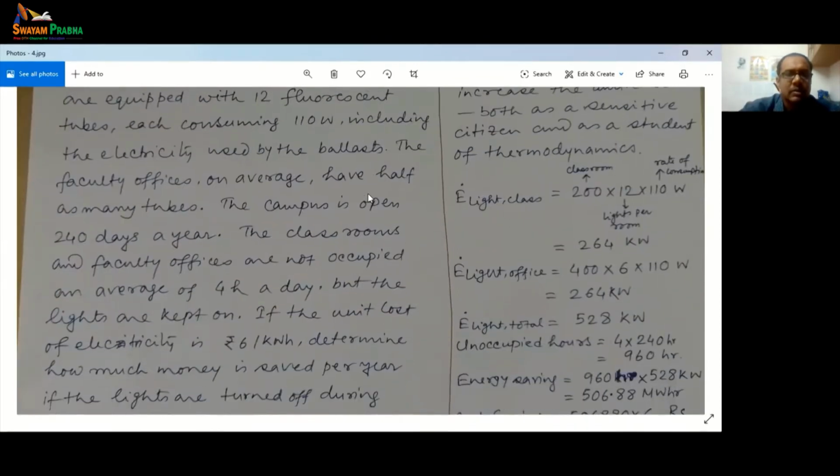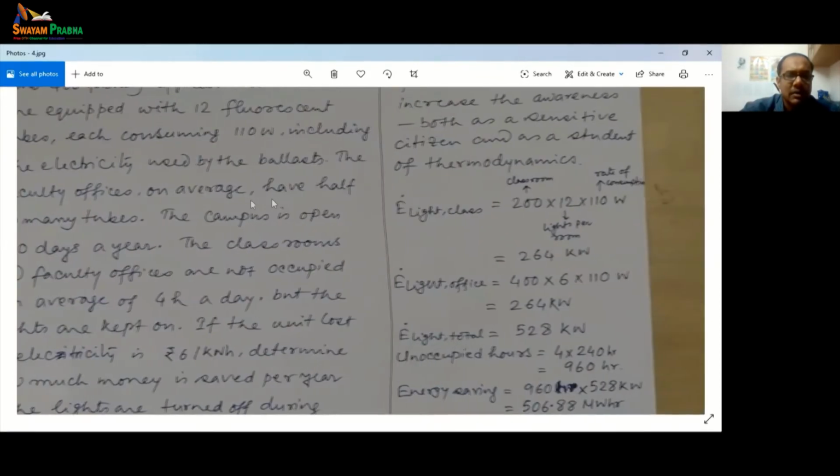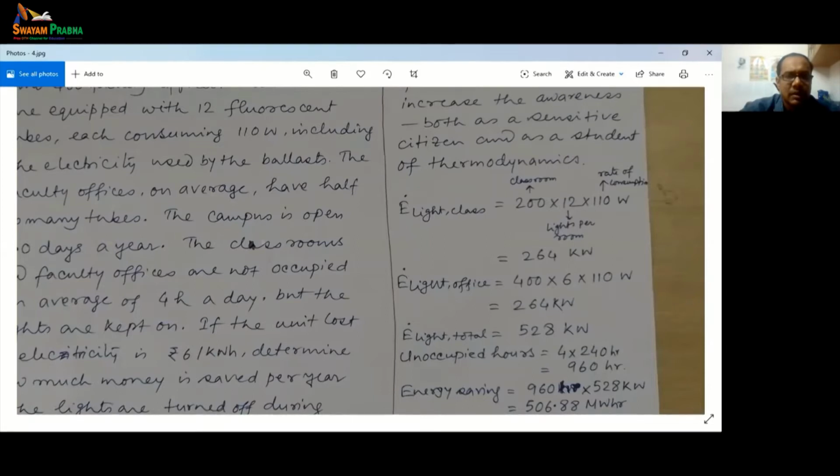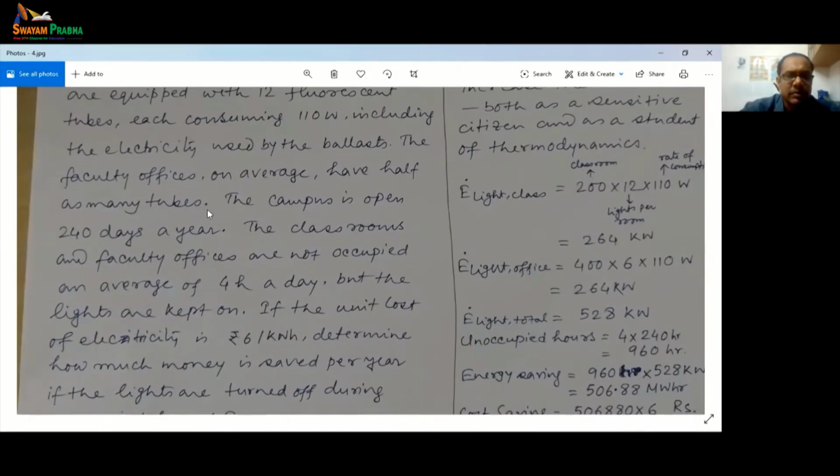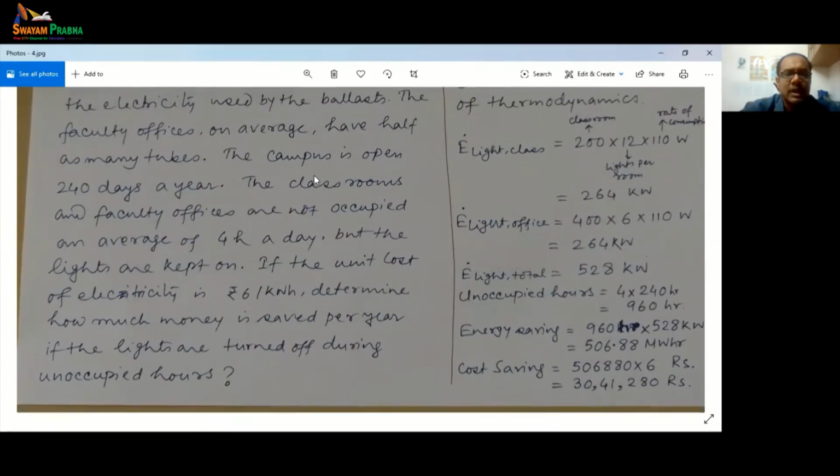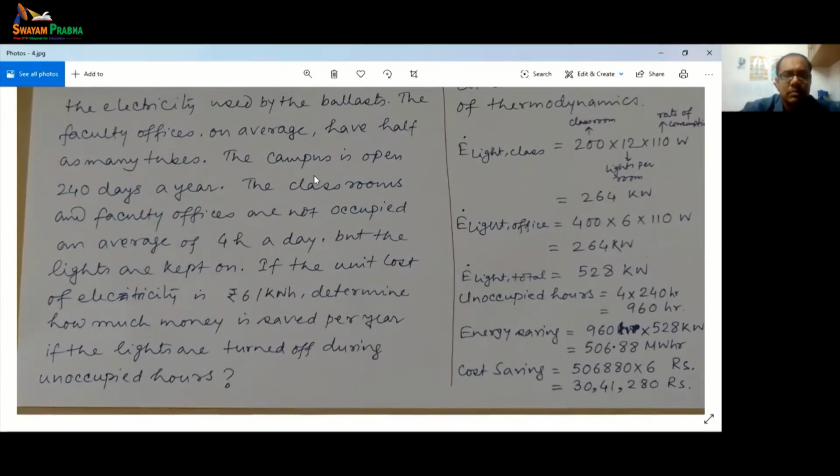Now the faculty offices on average have half as many tubes, so 6 each. The campus is open for 240 days a year. Not every campus is open for 365 days; the working days are 240 days a year. The classrooms and faculty offices are not occupied for an average of 4 hours a day.